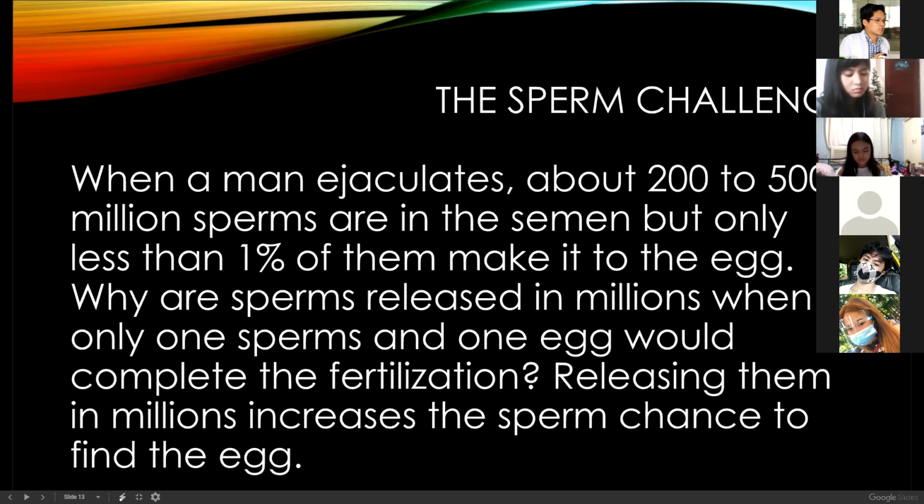Releasing them in millions increases the sperm's chance to find the egg. Remember that your sperm travels very long and too far, and it has limited power or limited energy. That is why it needs to have millions in order to reach the egg. And this is now the competition. They compete towards the egg.